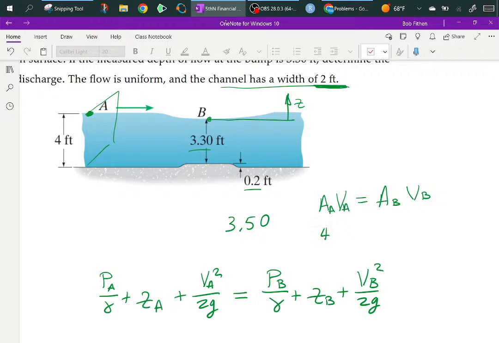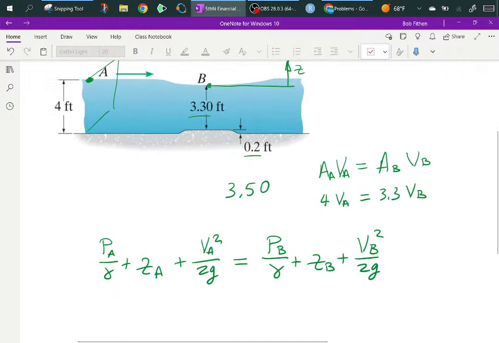So the area at A I'll take as 4 VA, and then the area at B will be 3.3 velocity of B. So then I'll relate the two.